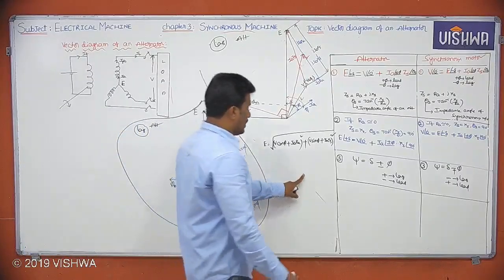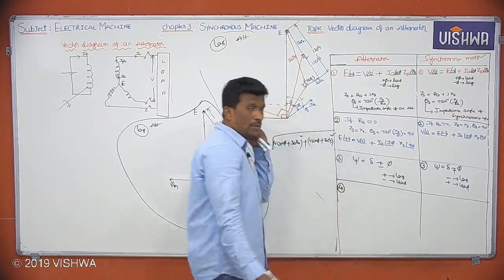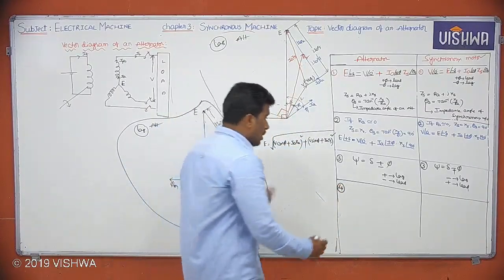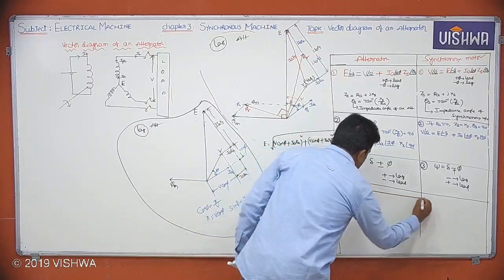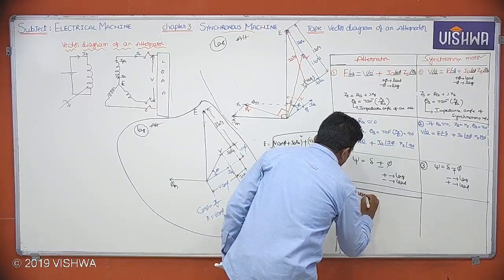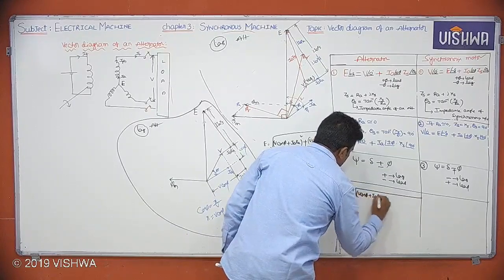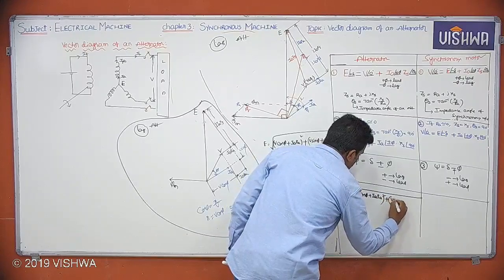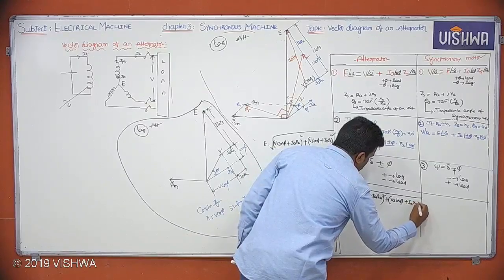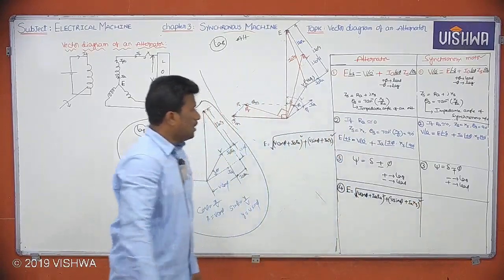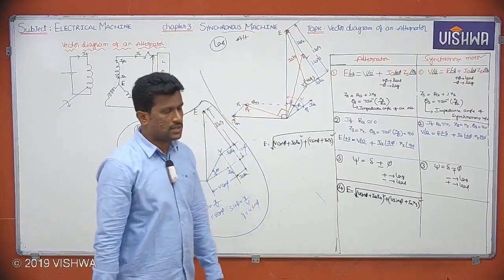So let me write the formula here. Formula number 4. E equals square root of V cos phi plus IA RA whole square plus V sin phi plus IA Xs whole square.